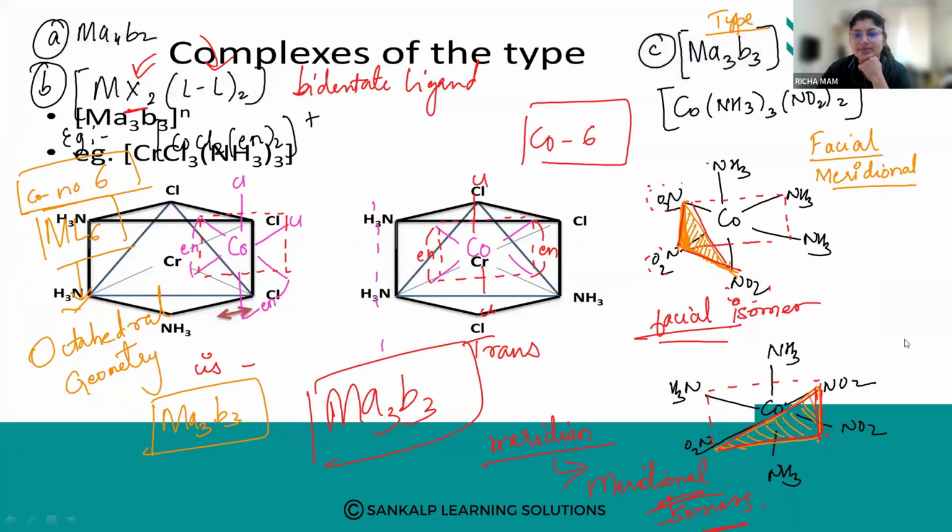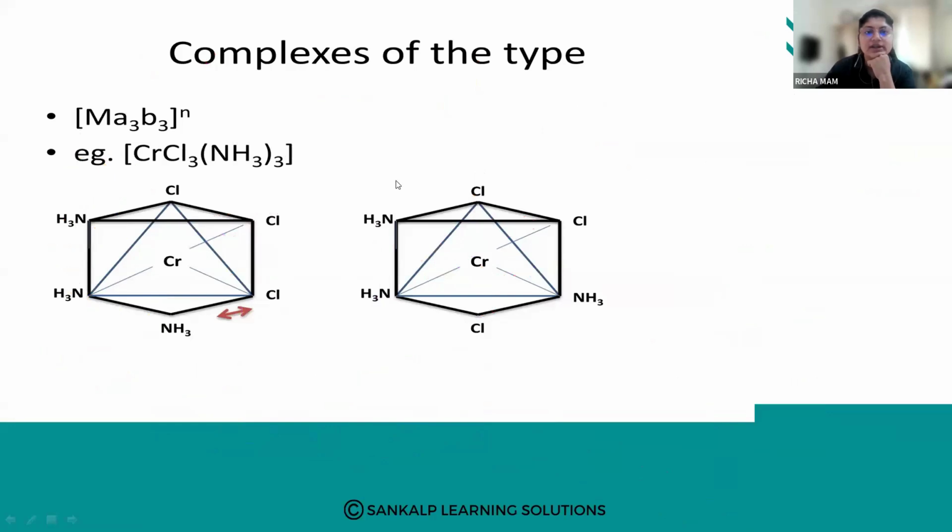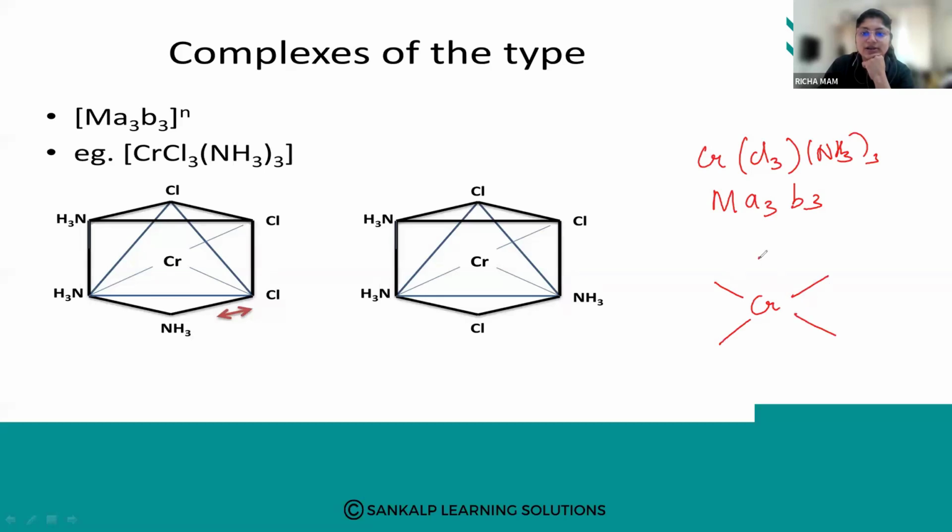So this was the example. One more example. See here, MA3B3 type. Chromium is there, and three Cls are there, and NH3s are also three. So M is there, A3 and B3 type. Chromium will be in the center, and this is the octahedral shape.